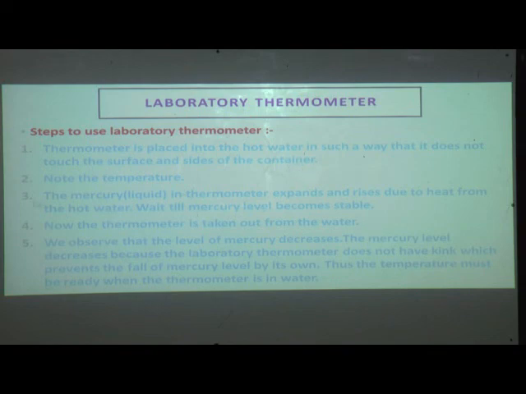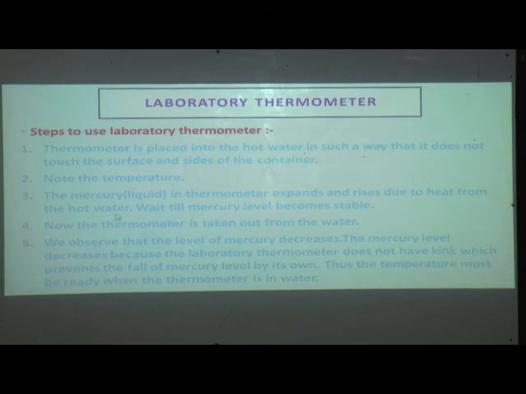When we note the temperature, the mercury expands and rises due to the heat of the hot water, and it will show a stable level, a level at which it will be stable.